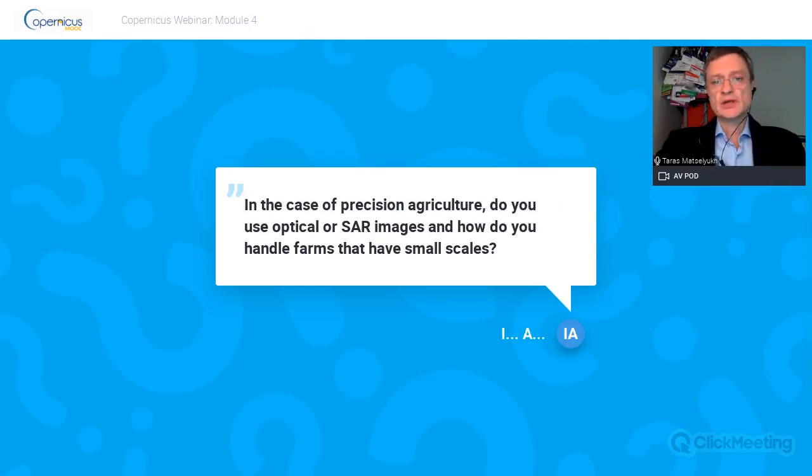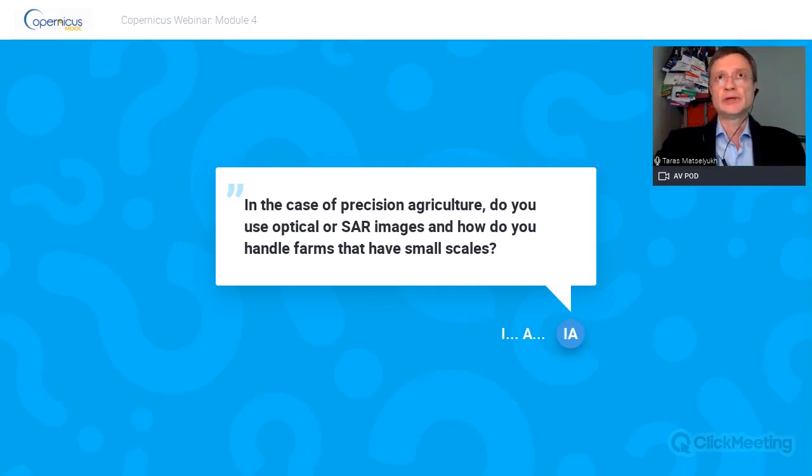In the case of precision agriculture, we only use SAR images. The reason for that is because we have been working on solutions for farmers in northern areas of Europe, which are predominantly covered with clouds. So optical imagery was simply not suitable.